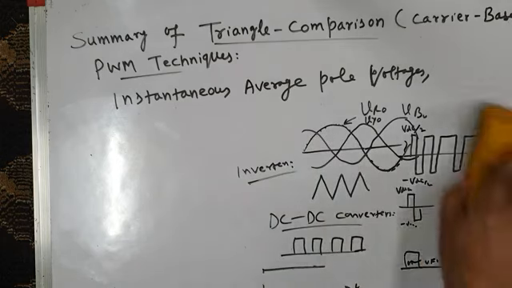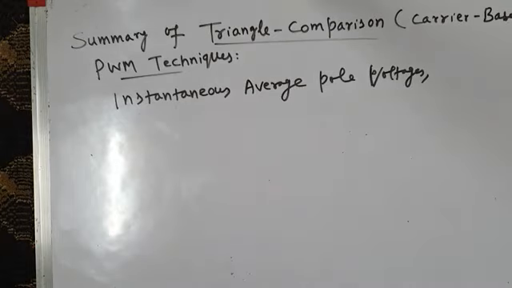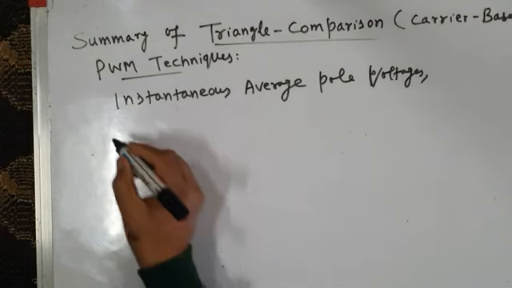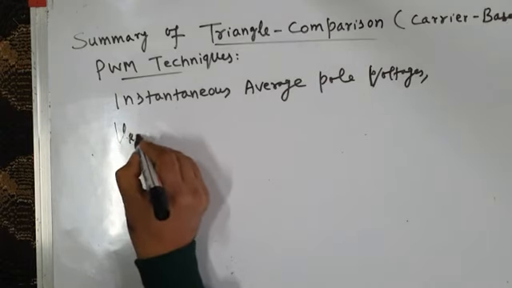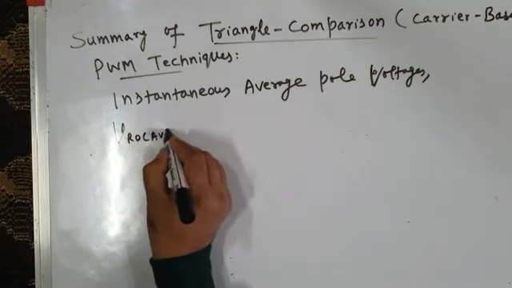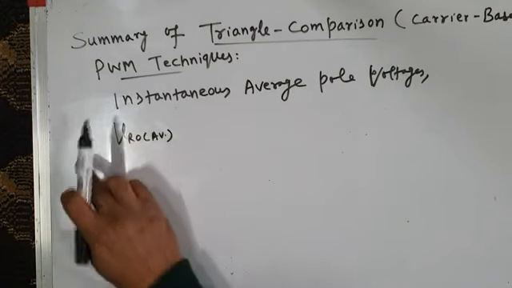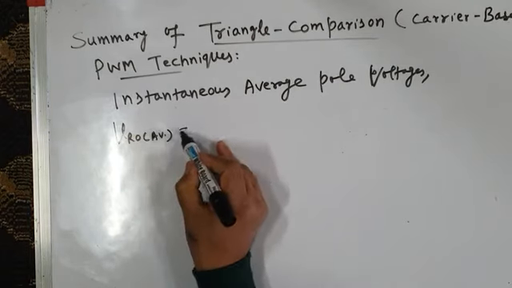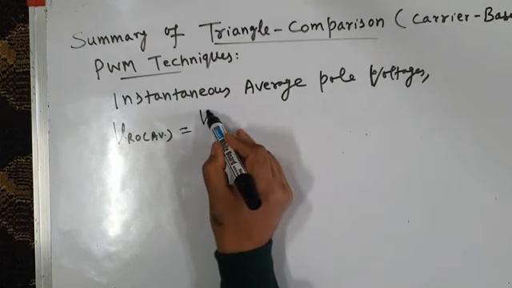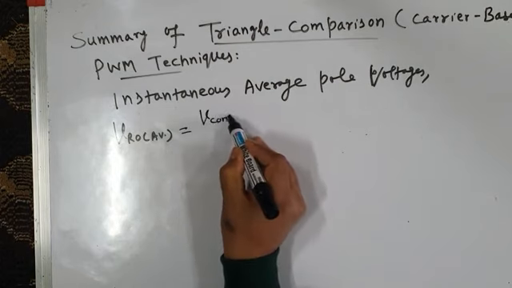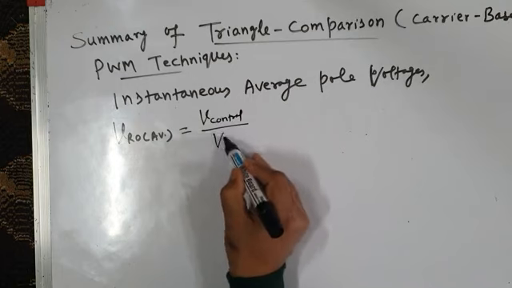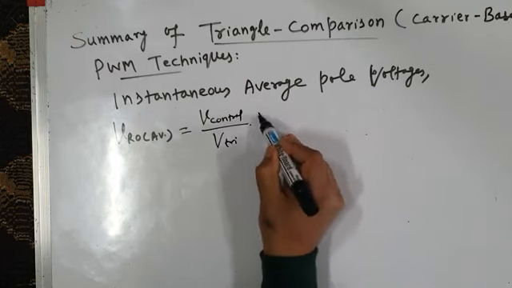So if you find mathematical expressions for these instantaneous average pole voltages, the average value of pole voltage VRO will be, as I have already discussed with you, V control by VTRI into VDC by 2.